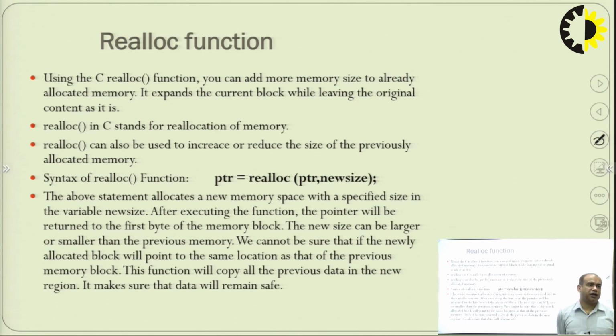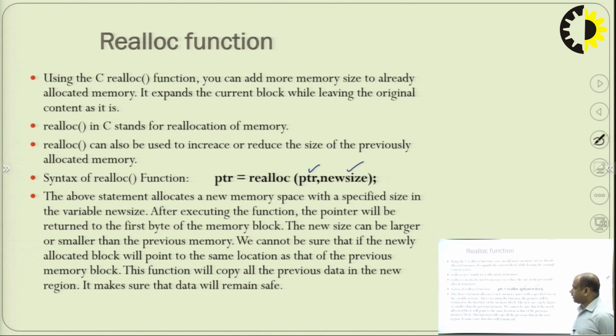Realloc in C stands for reallocation of memory. Realloc can be used to increase or reduce the size of previously allocated memory. The syntax for the realloc function is ptr equal to realloc, previous pointer, new size. It will automatically increase or decrease.